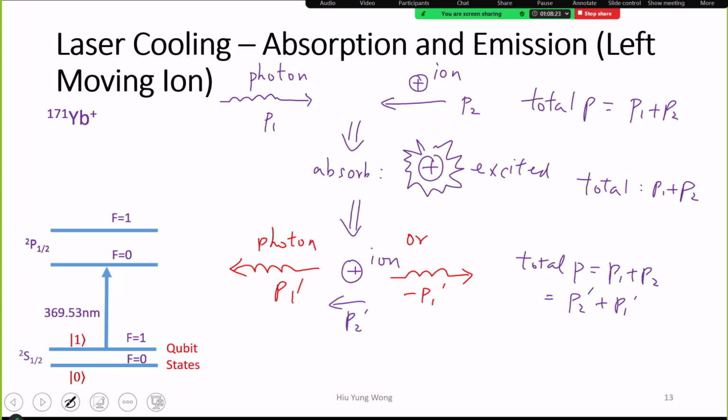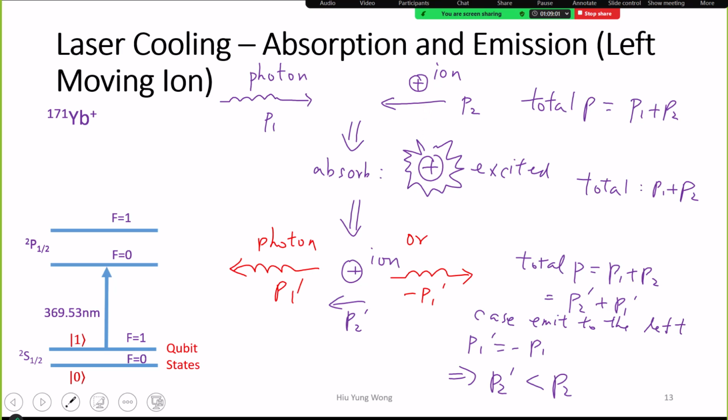But if we just consider the case, for the case it emits to the left, we see that P1 dash is equal to negative P1, right? Because this is going to the left and this is going to the right. So as a result, P2 dash will be smaller than P2. Maybe the math is confusing, but let's just think about that. These two are going in opposite directions.